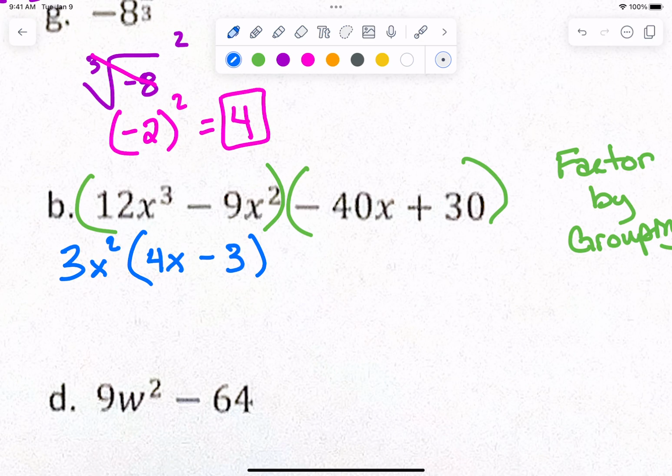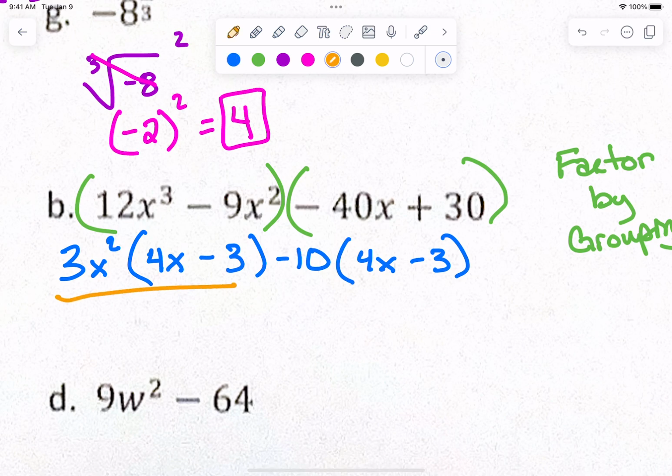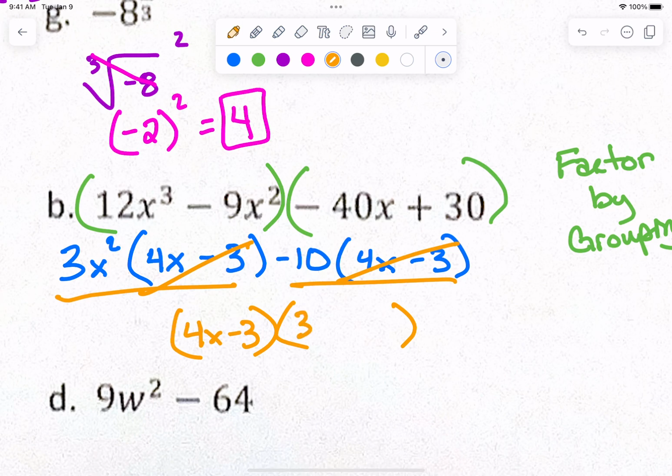What are you going to take out of the second piece? A negative 10. If you take a negative 10 out of 40x, 4x minus 3. 4x minus 3. Perfect. Okay, that's what we want to have happen. All right, now I have 2 chunks. What they have in common is 4x minus 3. If I yank that out, what's left over? 3x squared minus 10.